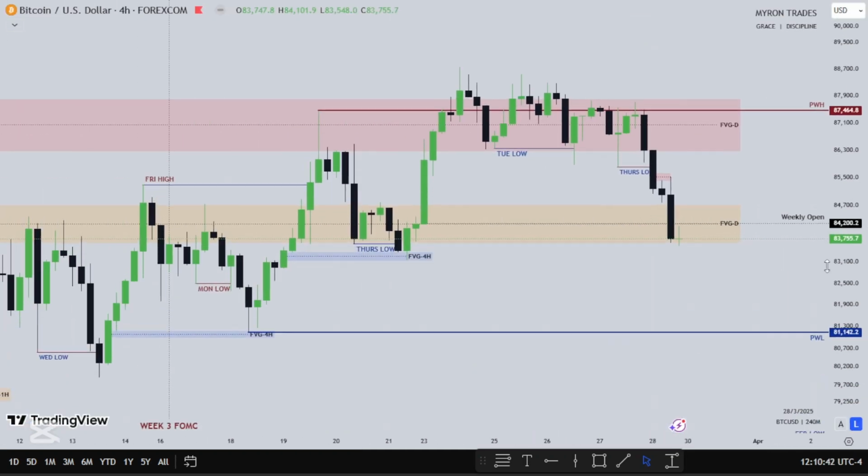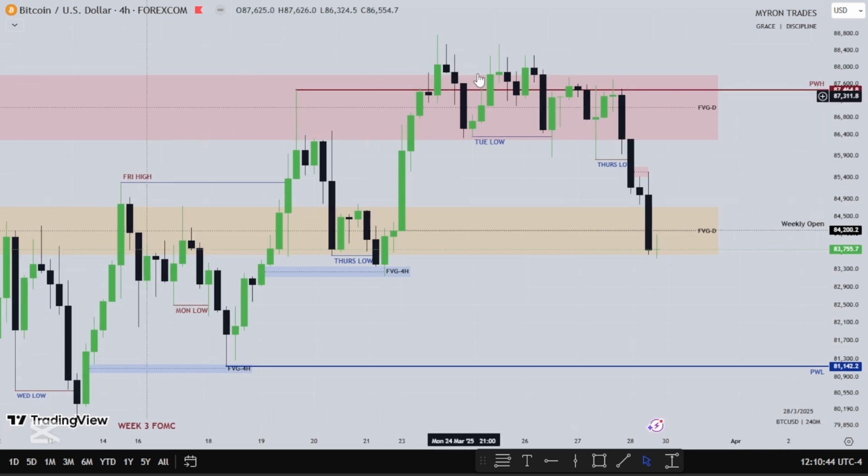You can see how muddy it was for price to go lower after taking out previous week high. Price consolidated, tried to go up once, tried to go up again, could not, slammed down, tried to go up, slammed down, tried to go up, down.